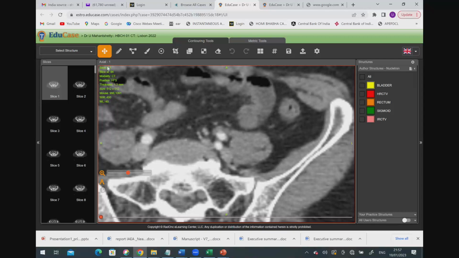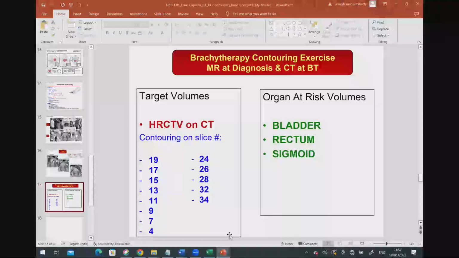So don't look at slice at, but look at slice fraction. Okay, and then go to 19, contour, go to 17, contour, go to 15. So you have to only contour around 10 to 12 slices. That will be our high risk CTV.